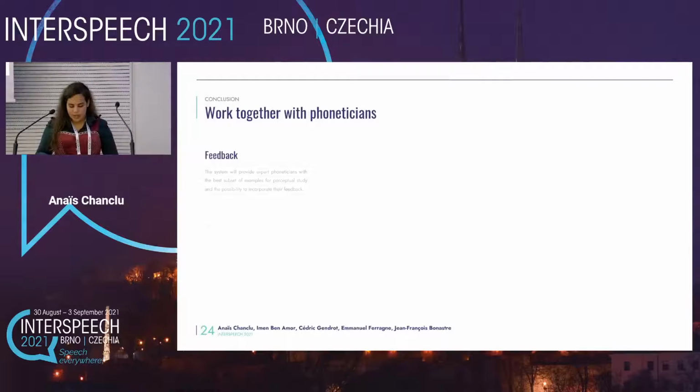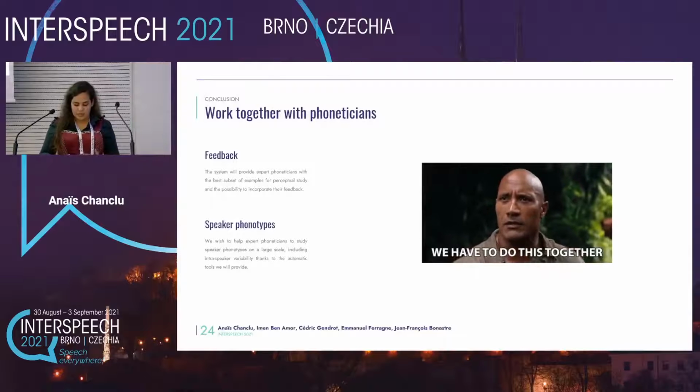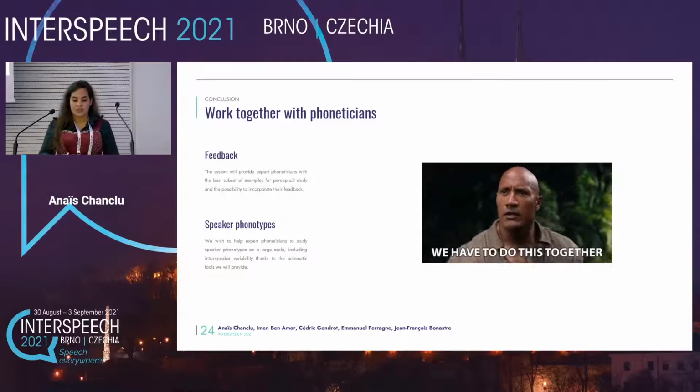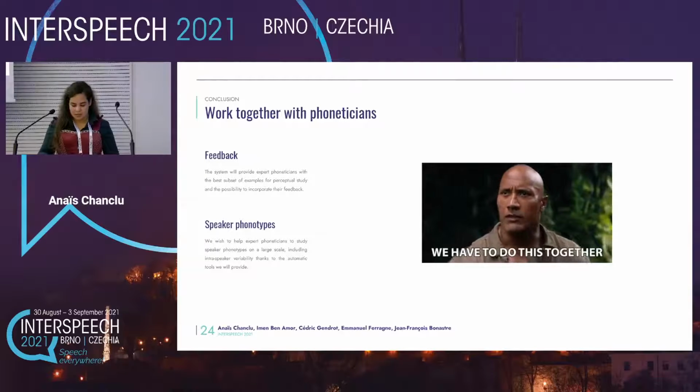Second, we will provide expert phoneticians with the best subset of examples for perceptual study and the possibility to integrate their feedback. And finally, we wish to help expert phoneticians to study speaker phenotypes on a large scale, including intra-speaker variability, thanks to the automatic tool we will provide.